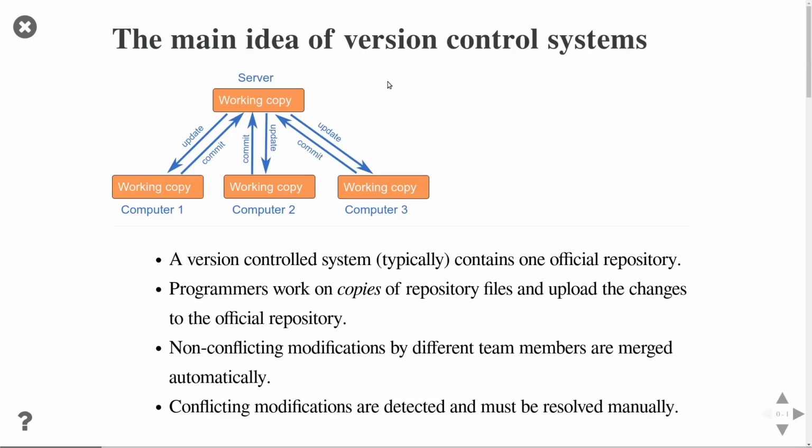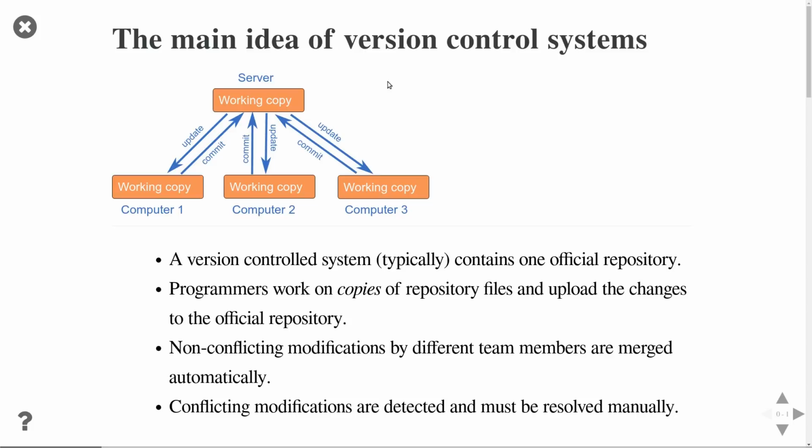If you want to make some changes to that source code, you download or update the latest version on your computer. You implement these changes, and then you upload these changes, which is called a commit, back to that server. And this process can be repeated simultaneously by multiple people. So this is how you work as a team.